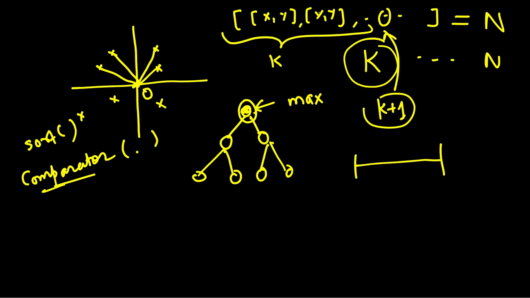So let's take two values as inputs, which are points P1 and P2. So this comparator will take P1 and P2 as input, compare their distance from origin, and then sort them in ascending order.